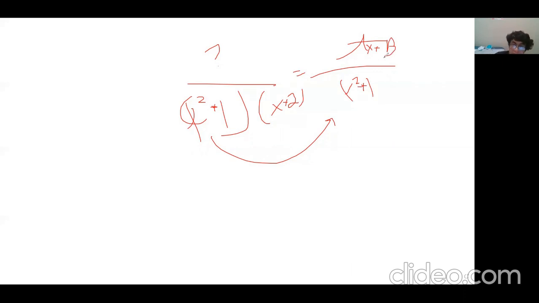So when you have this, this is a quadratic denominator, right? It's a quadratic factor. What we just looked at, let me make sure, we saw x plus 1 whole square. This was a linear factor, right? Squared. This is a quadratic factor, right?